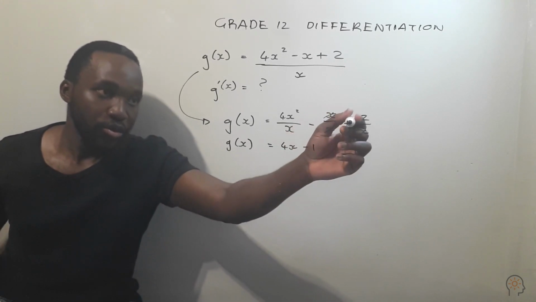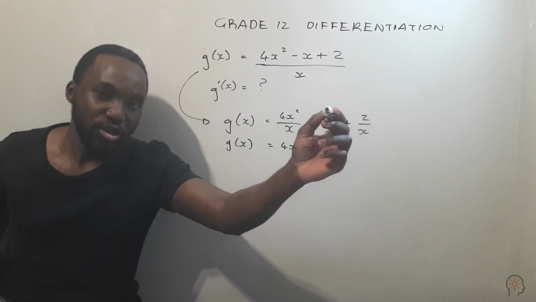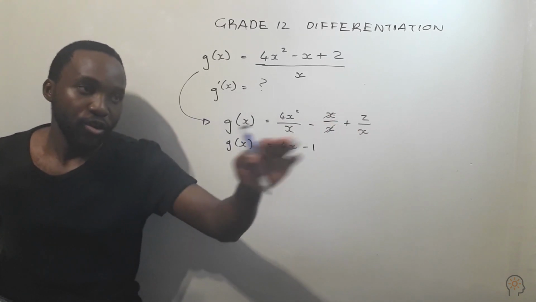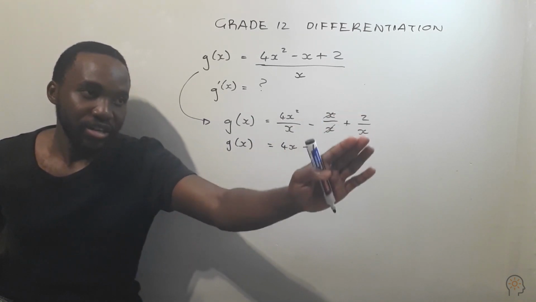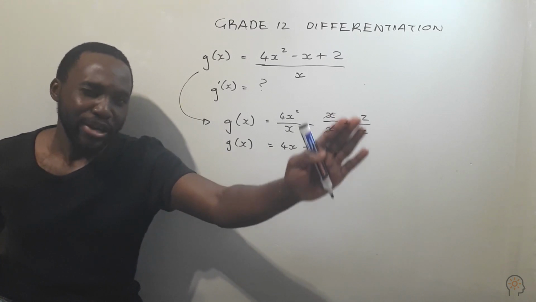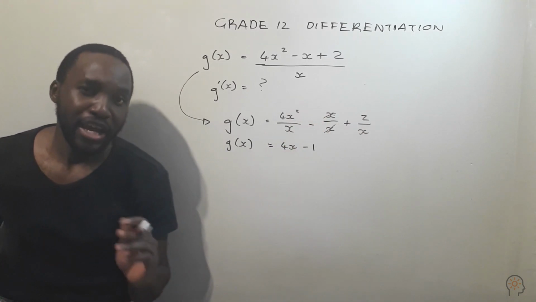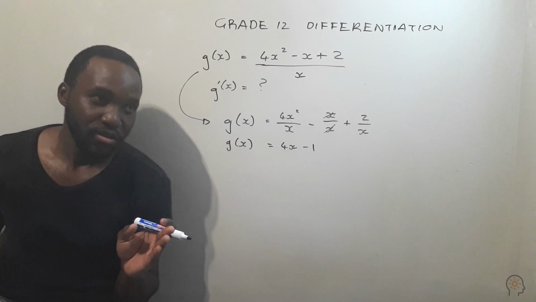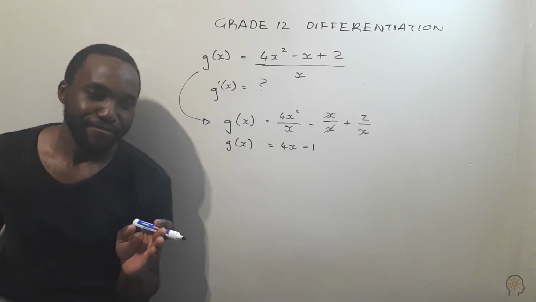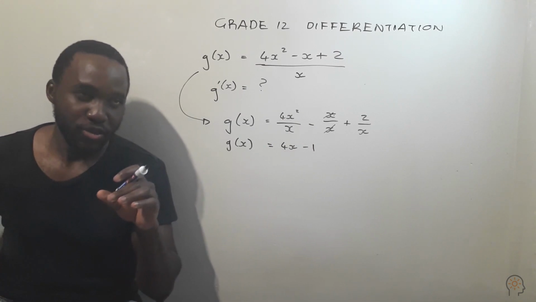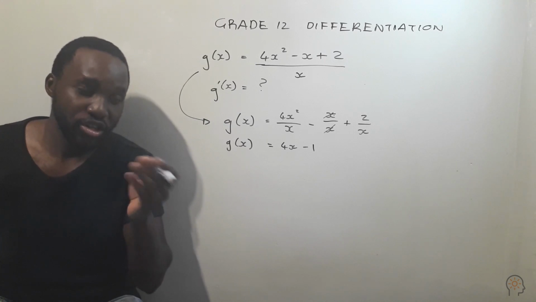However, we know that here we're working with a fraction, and we don't have in grade 12 laws to differentiate a fraction. So just bear with me every time I'm emphasizing in grade 12, because you want to be very specific with the kind of differentiation you learn in grade 12.